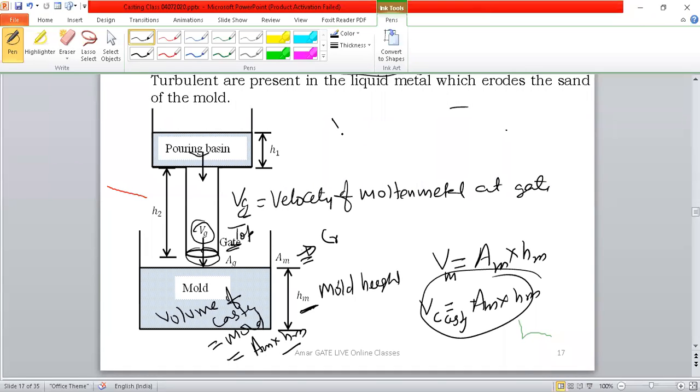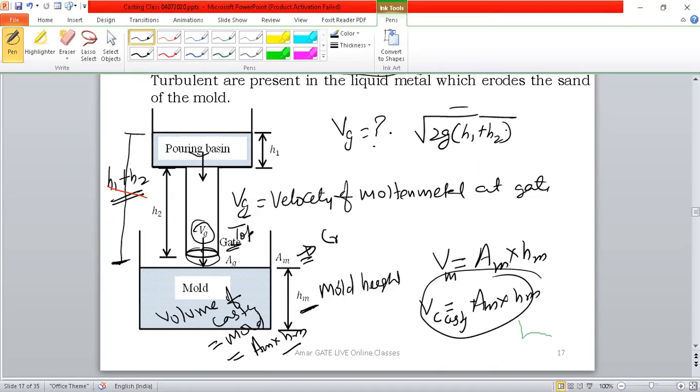So what is that Vg? Vg will be based on the height, that is h1 plus h2. So we can write Vg equal to root under 2g into (h1 plus h2).